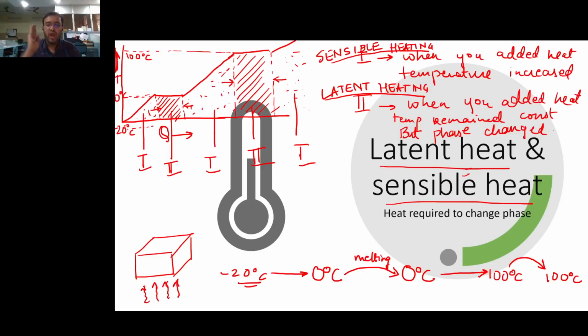Now, when you have the conversion of substance from solid phase to liquid phase, what we call it is the process of fusion. And when you have the conversion of liquid phase to vapor phase, it is called vaporization.